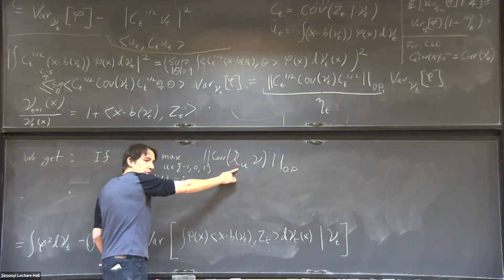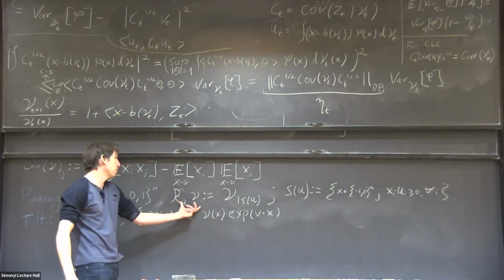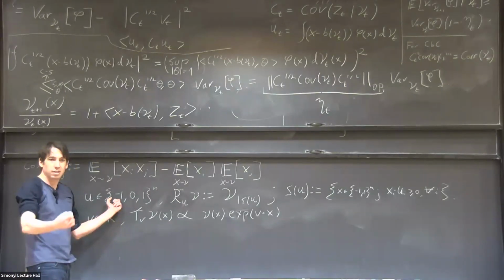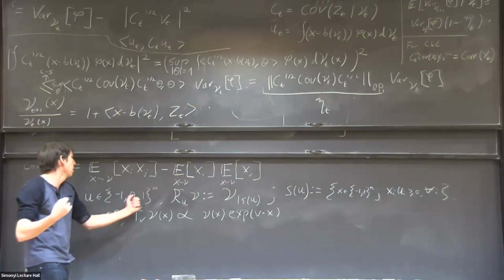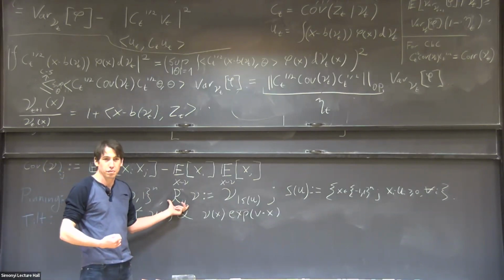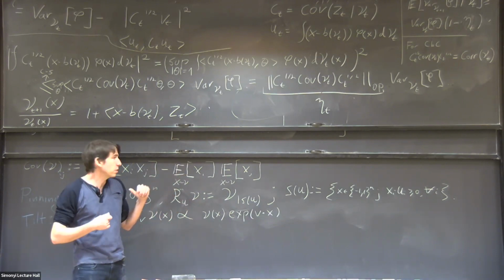So what is this? We defined this before. I have a vector which tells me every coordinate is either pinned to -1, pinned to 1, or remains free, and R of U of nu is just the conditioning to this subcube.